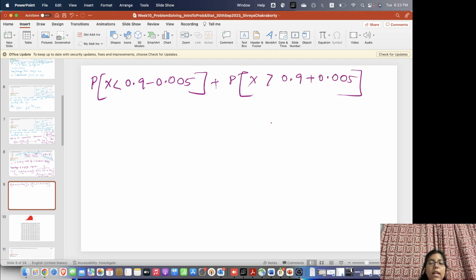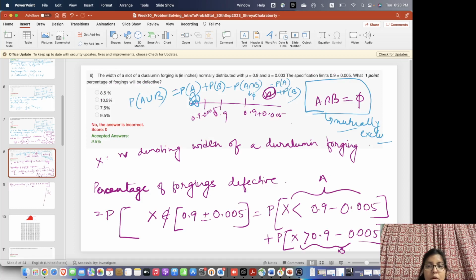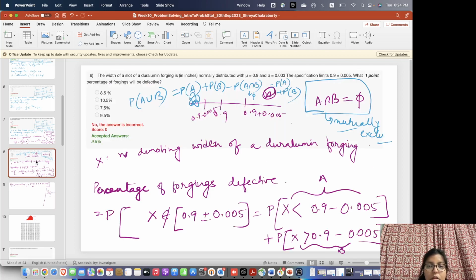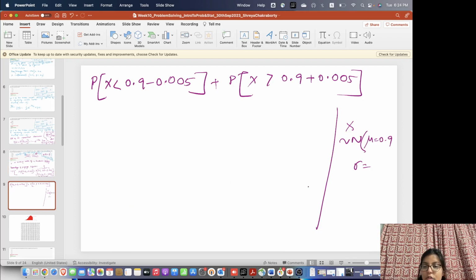Now we have already been given that X follows a normal with mu equal to 0.9 and sigma equal to 0.003.